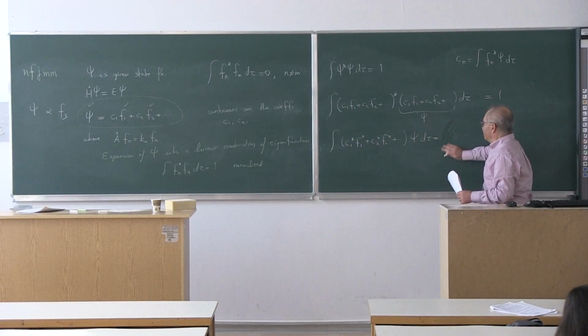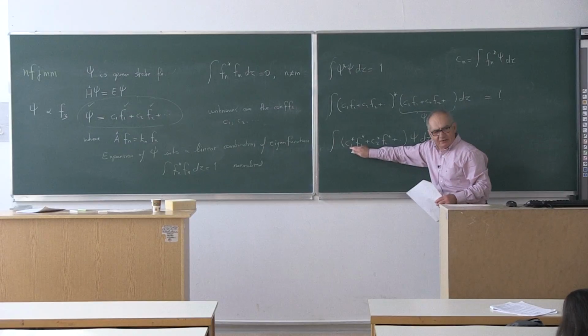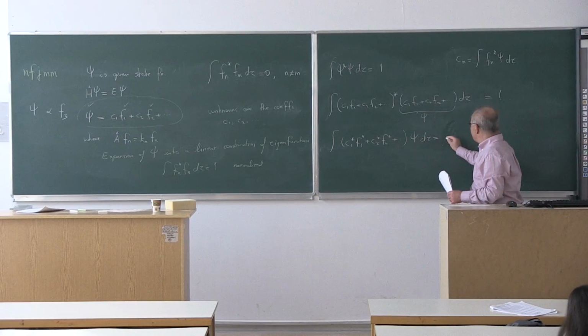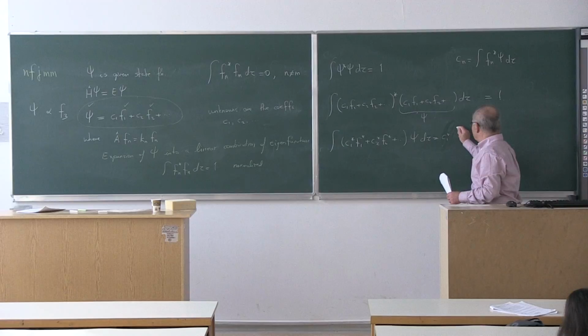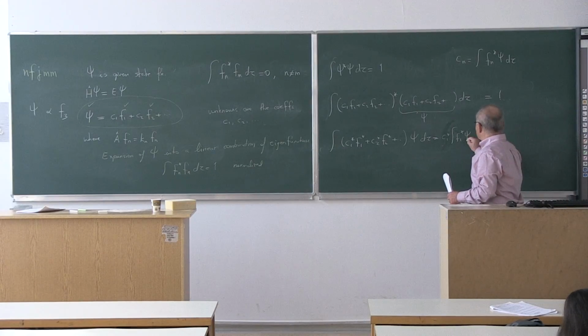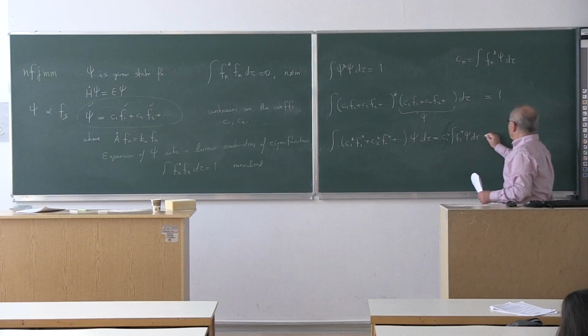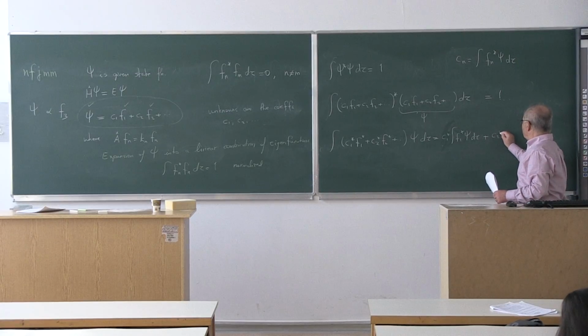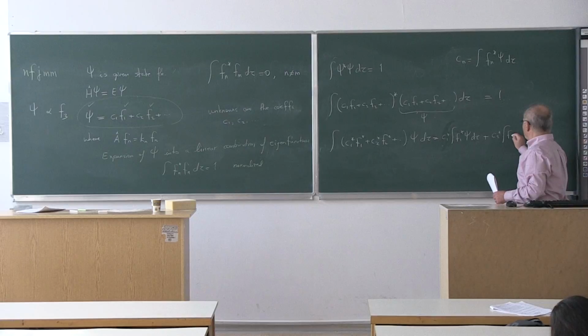Because the coefficients are constants, we can take them out of the integral sign. C1 star times F1 star times psi plus C2 star times F2 star psi d tau.